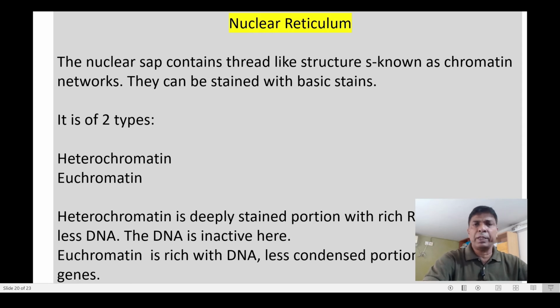Now from this you can easily conclude that heterochromatin has inactive DNA, so it is not useful in heredity. As it is not useful in heredity, it is also not useful in evolution. Whereas the euchromatin has active DNA, so it is actively participating in heredity, and so it is participating in evolution.